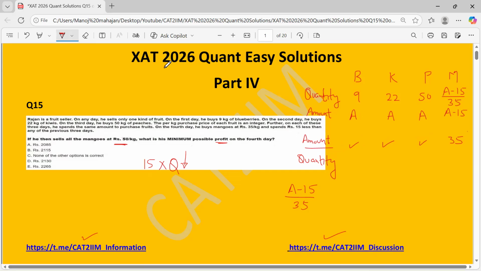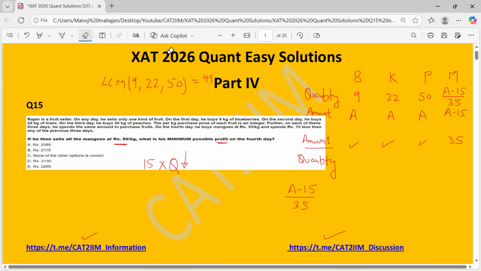So we should take the amount as least also as per the problem. And we want the integer, so it should be the LCM of, because we're going to divide by 9, 22 and 50. So we should calculate the LCM of 9, 22 and 50. So that was your first step over here to do the calculation. So the LCM, if you calculate, will come out to be 4950.